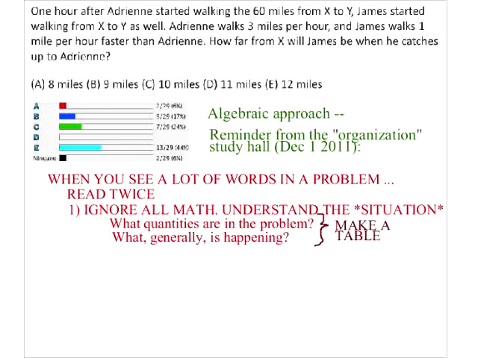Like it's always rate times time equals distance. So it's not as hard to make a table in these problems. But in any word problem, you should make a table before you even start looking at any mathematics at all. So there's that. What quantities are in the problem and what's going on. Now, once you do that, you should go back and then start using math.